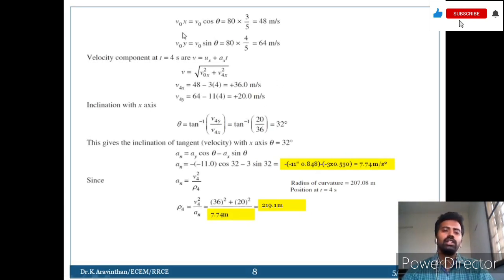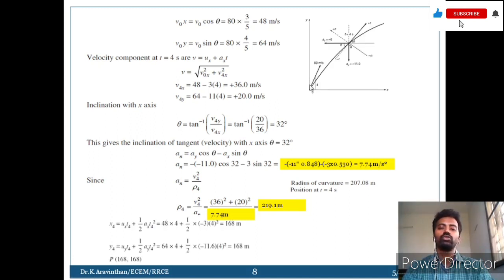Here the initial velocity is given, and if you need it along x and y component, for an object you need to resolve it, using cos theta. So initial velocity is 80, cos theta is adjacent by hypotenuse, so adjacent here is 3. If you have two components, vertical and horizontal, you can find the tangential component, so this will be 5. If you take the root of 4 square plus 3 square, you will be getting 5 as the tangential component.